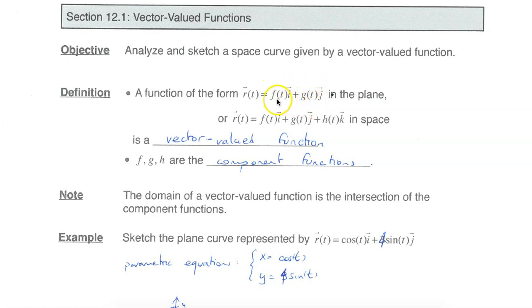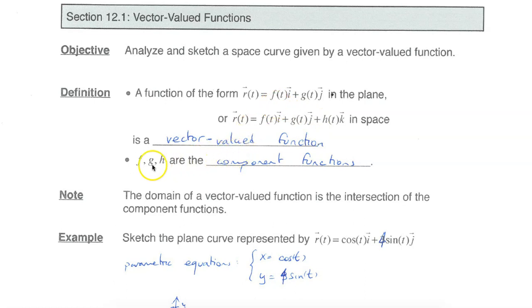So if you know that f of t is 3 and g of t is 5, then the function points to the vector 3, 5. 3i plus 5j. What this means is our vector-valued function is going to be a vector that always points to a certain point on the curve in the plane or in space if we have an extra component.